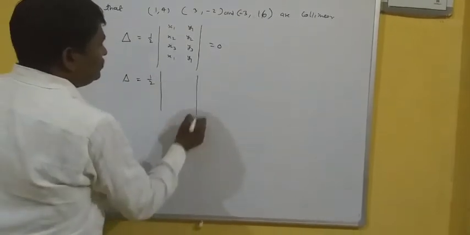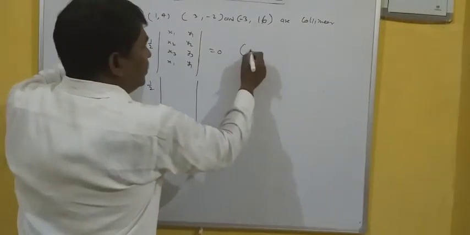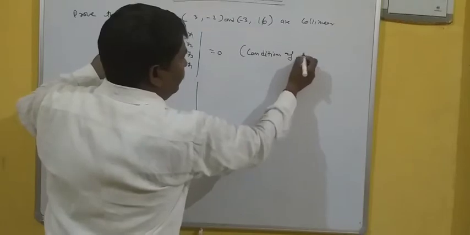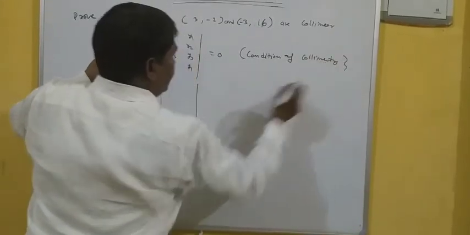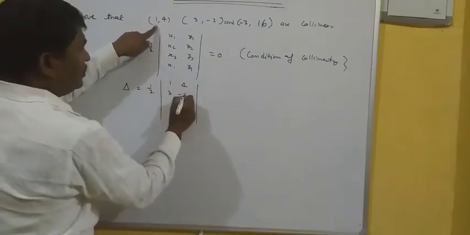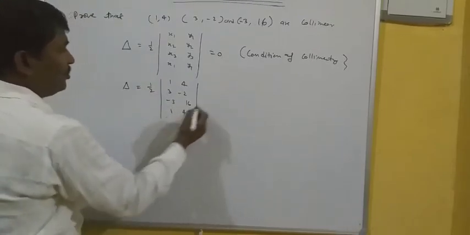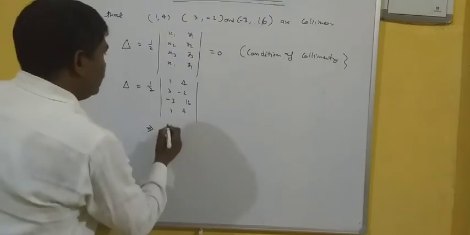Now this one is the condition of collinearity. Now see 1, 4, 3, -2, -3, 16, and again 1, 4.